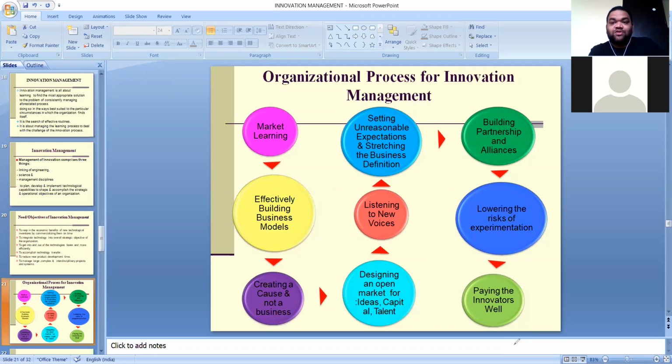Whatever you are thinking, your perspective will be different from others'. If you see from all the perspectives, then you can know what the flaws, the faults, and the improvements in your innovation are. So that is what we call designing an open market for ideas, capital, and talent.